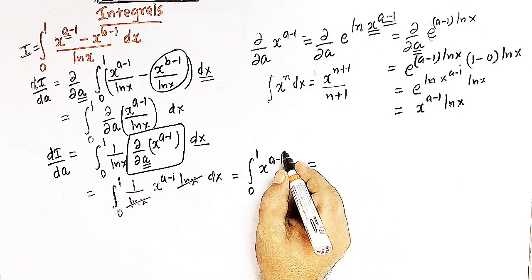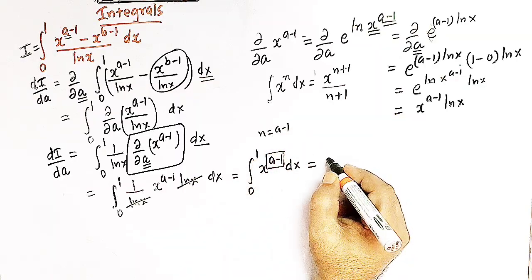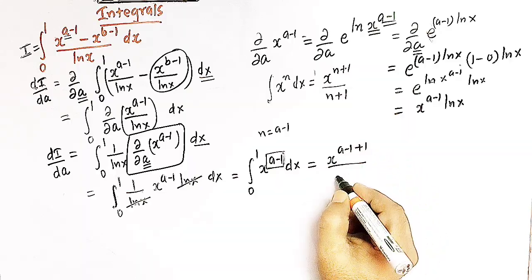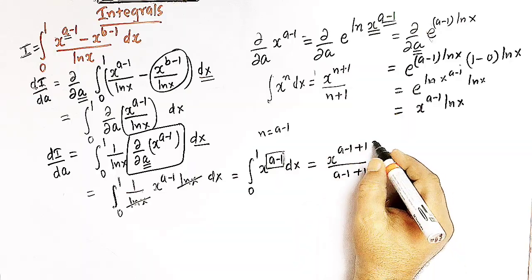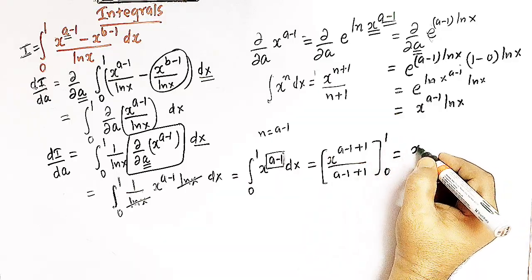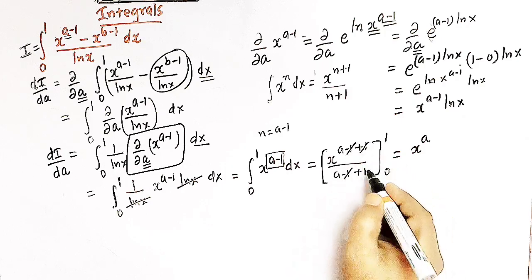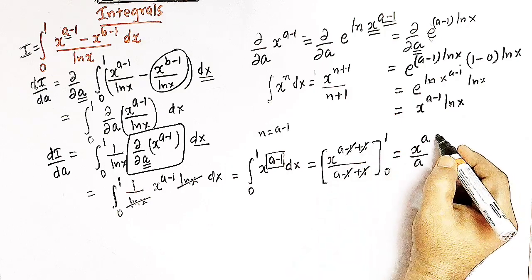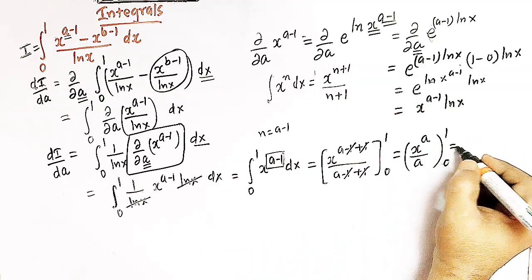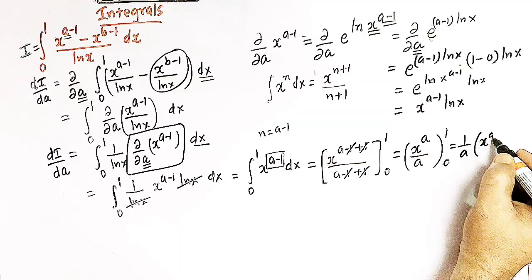So here for n we have a minus 1, so we have x raised to a minus 1 plus 1 over a minus 1 plus 1, and the limits of integration are from 0 to 1. So we have now x raised to a over a, with the limits from 0 to 1. So now we can substitute the limits, and we'll take the difference.